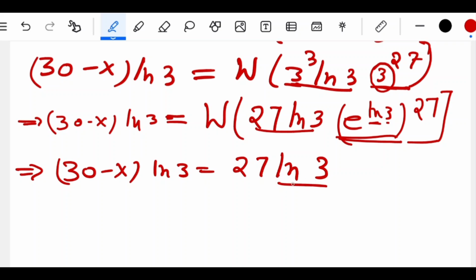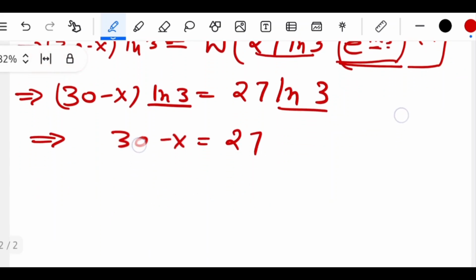Here ln 3 and ln 3 on both sides cancel, and we get the rest: 30 minus x is equal to 27.